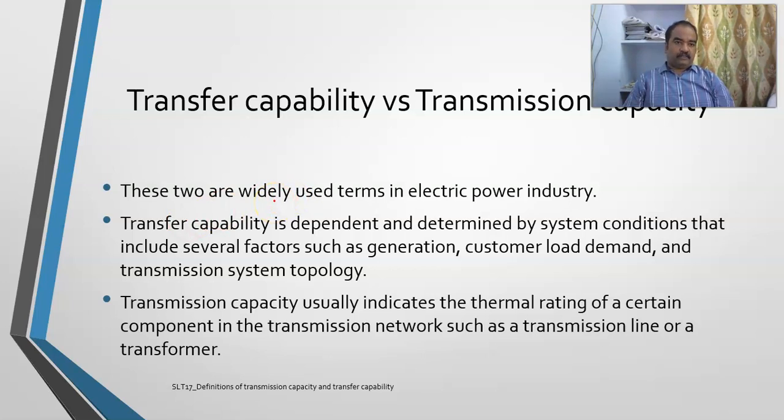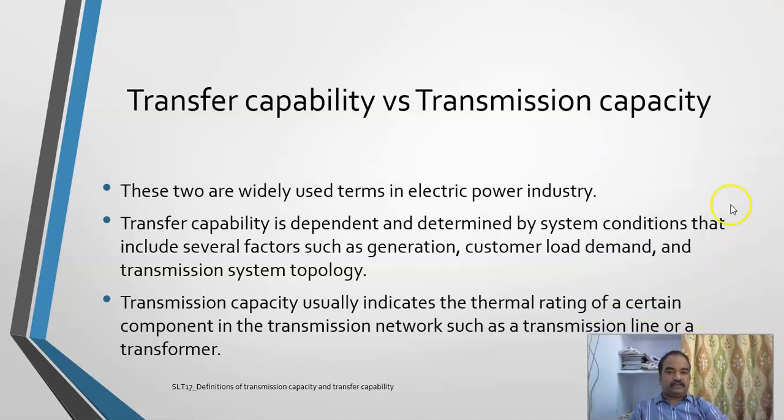But before going to the concept of ATC, let us have a quick introduction regarding the two terms, transmission capacity and transfer capability. Now, these two terms are widely used in the electrical power industry. Transfer capability is dependent on system conditions.